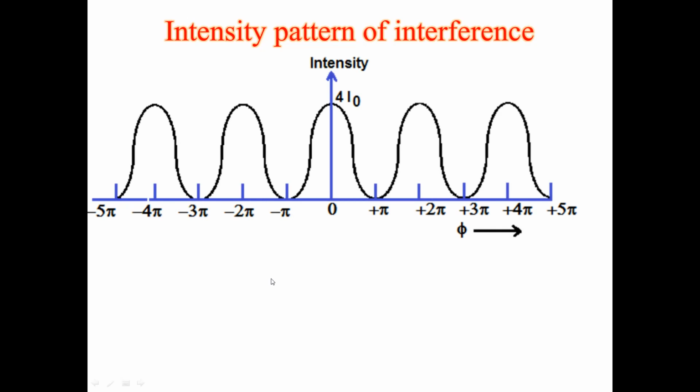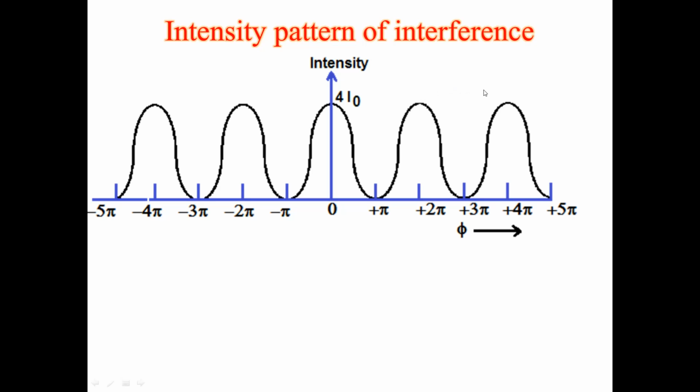Now let us see the intensity pattern. At the center of the screen, we get maximum intensity, and for a phase difference pi, the intensity will be minimum because the interference is destructive. For a phase difference 2 pi, constructive interference occurs and the intensity becomes maximum.